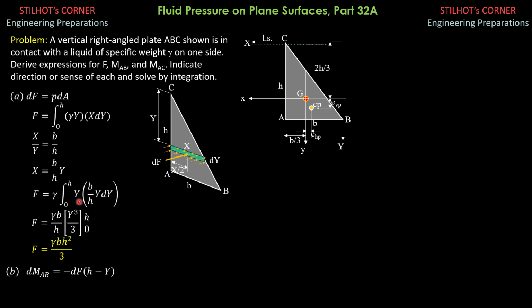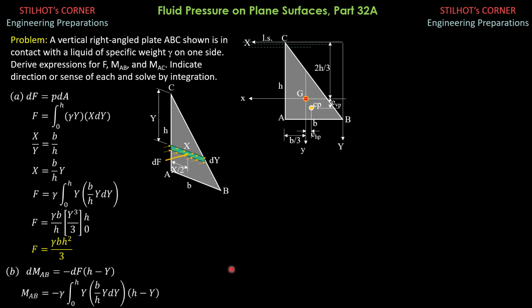So substituting, moment AB therefore is the integral of dF, and dF is this expression here. So moment AB is negative gamma, then y, this is x, and times this h minus y.